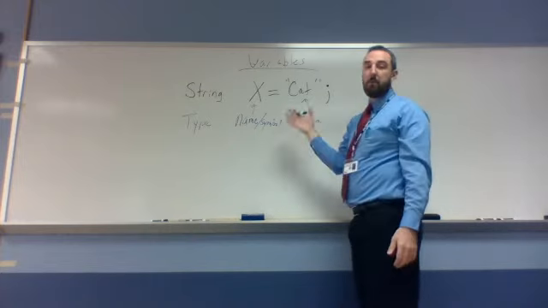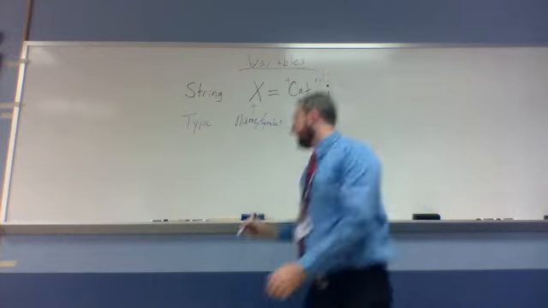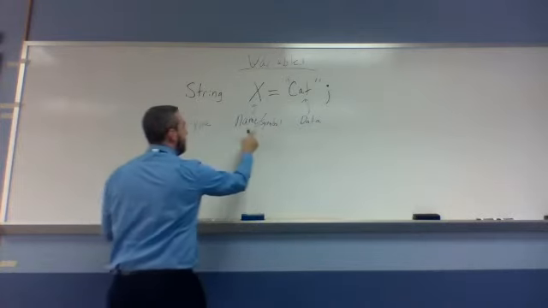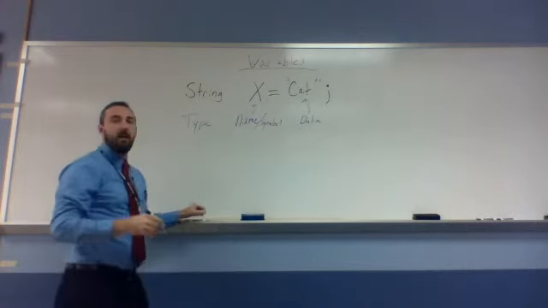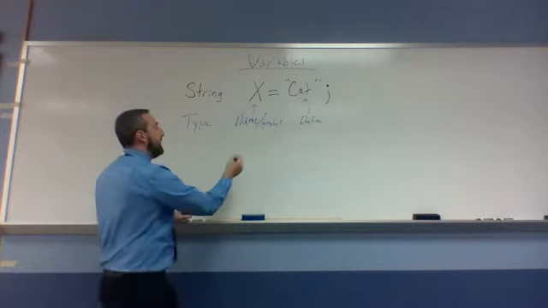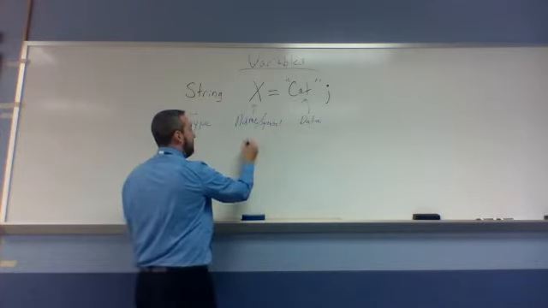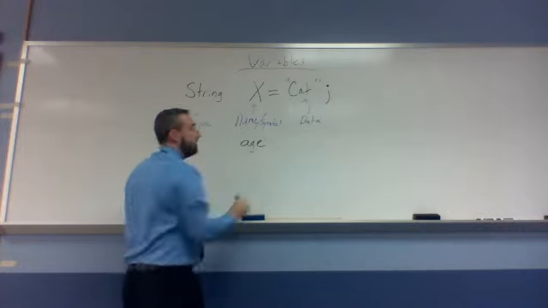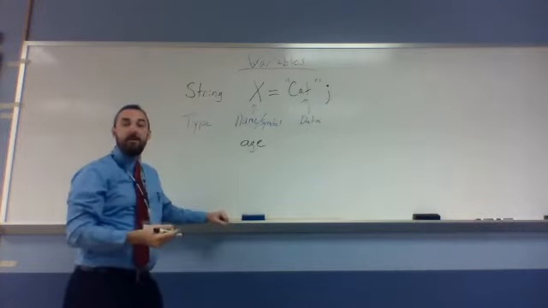That's one statement. Let's try a couple more. So remember, we're going to do type, name, and information. Let's say I wanted to keep track of your age. Well, your age, a good name for that might be age. The type of information is a number.